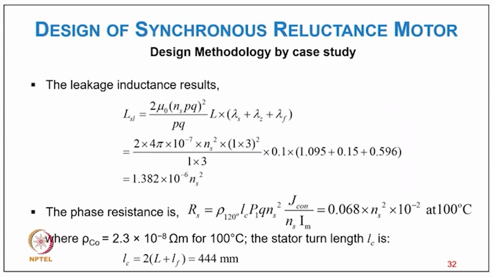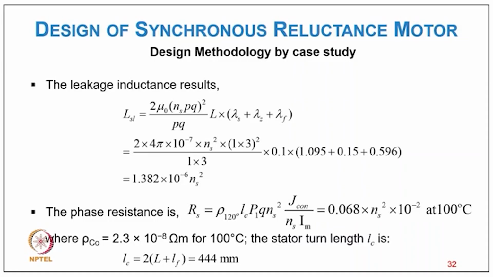So leakage inductance results in LS1 equal to 2 mu0 Ns q square upon pq into L in bracket multiplied in bracket lambda s plus lambda z plus lambda f, and putting value, it comes 1.382 10 power minus 6 NSC square.